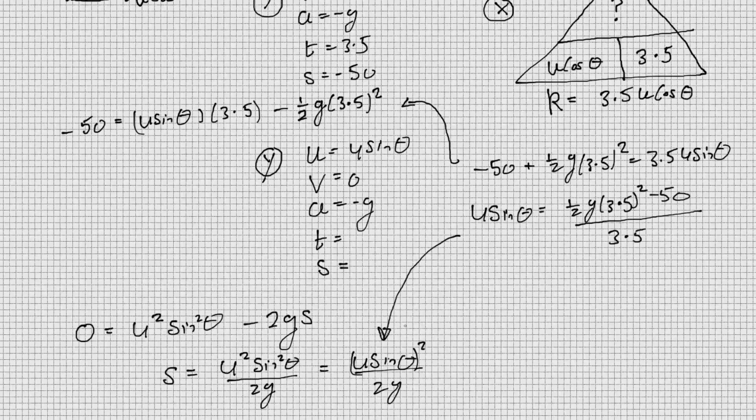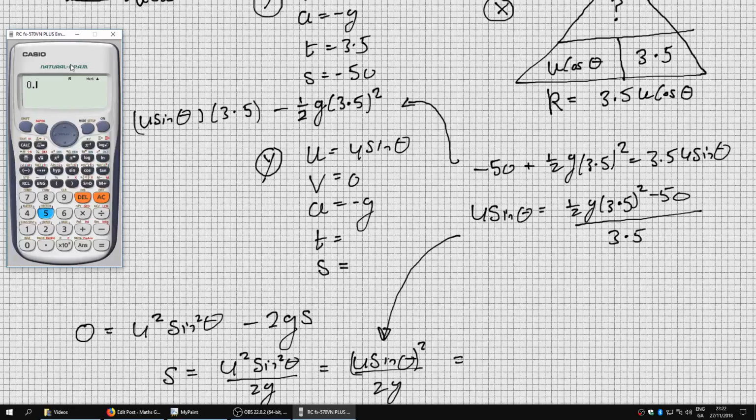So let's get out the calculator and calculate that. So that's a half times g times 3.5 squared minus 50 divided by 3.5. So that's 2.86, and I'm going to square that and then divide by 2g.